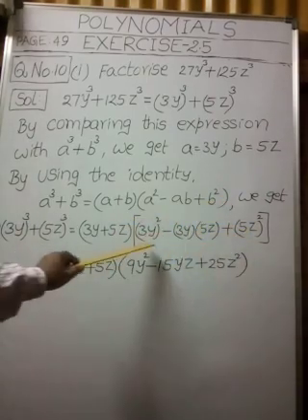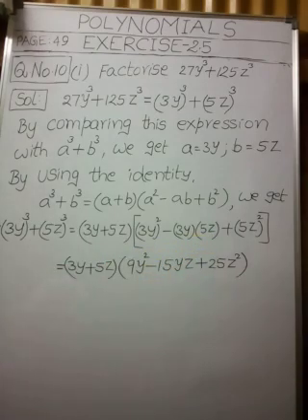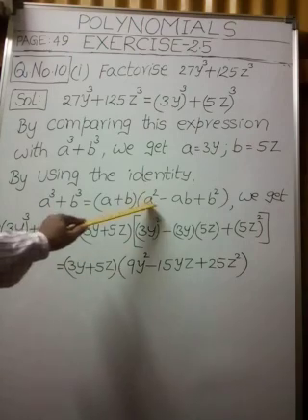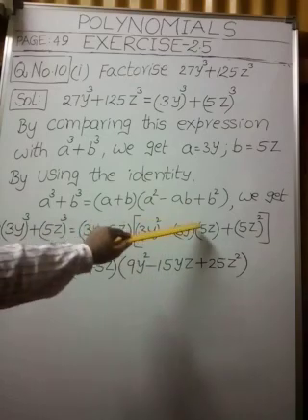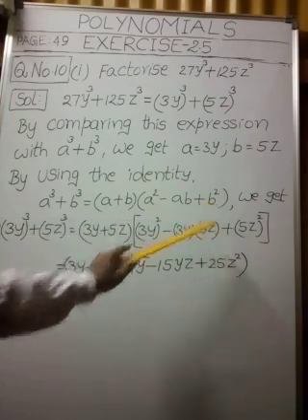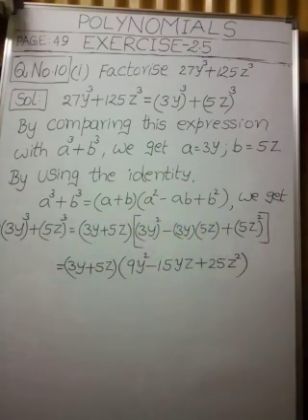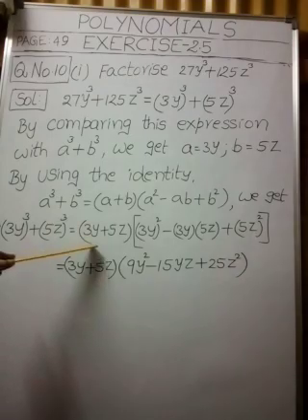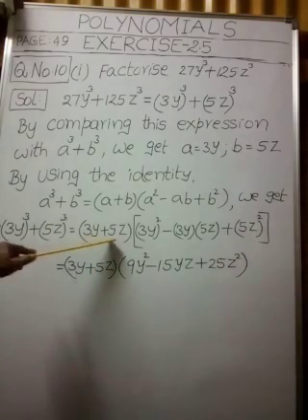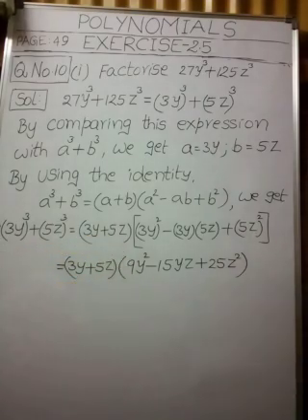I used small brackets because I am replacing a by 3y and b by 5z. Understood these terms in the second square brackets, my dear children? Right. Now we write this factor as it is, 3y plus 5z. This is one of the factors of this algebraic expression.